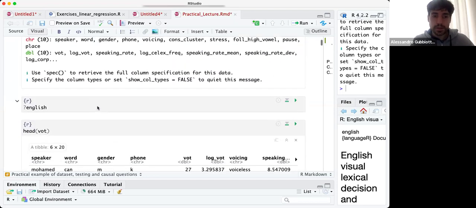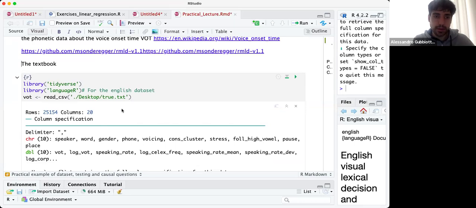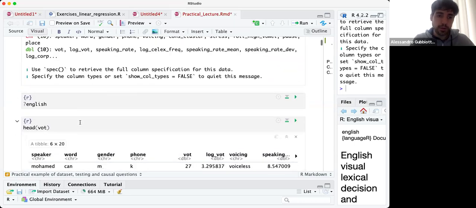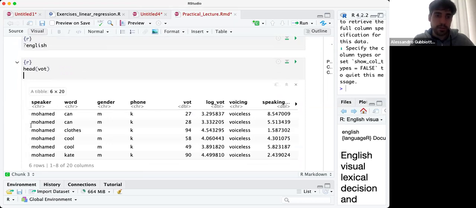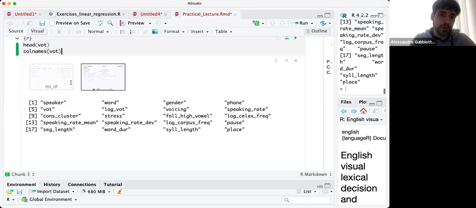So let's see how the data is. To skim through the data, there are various commands. One is head, which shows the first 6 or 7 rows and the column names. One can also use column names and get a similar output.